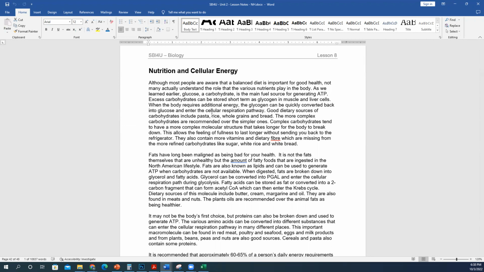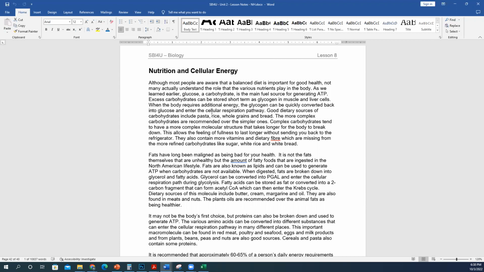So although most people, at least on the surface, are aware that a balanced diet is important for good health, not everybody actually understands the role that the various nutrients play inside our body. And as we learned earlier, glucose, which is a carbohydrate molecule, is the main fuel source that our body uses to generate ATP.